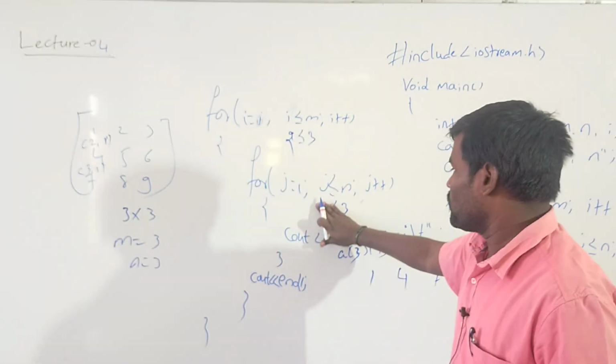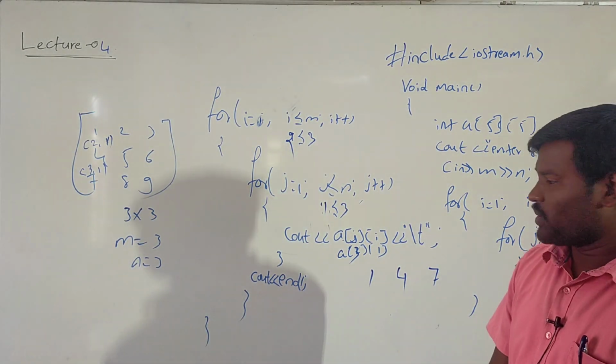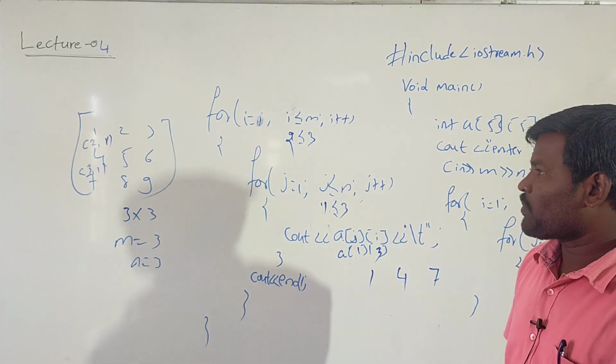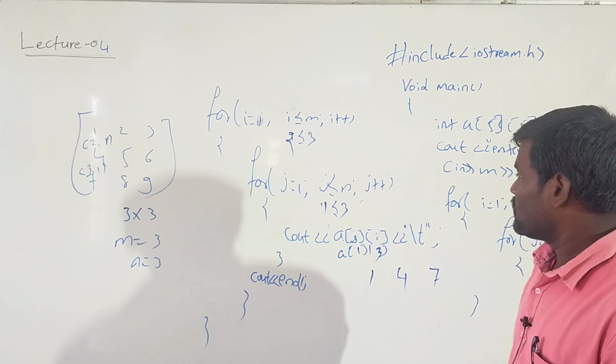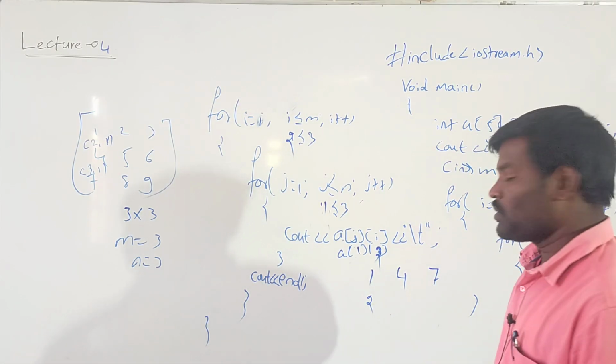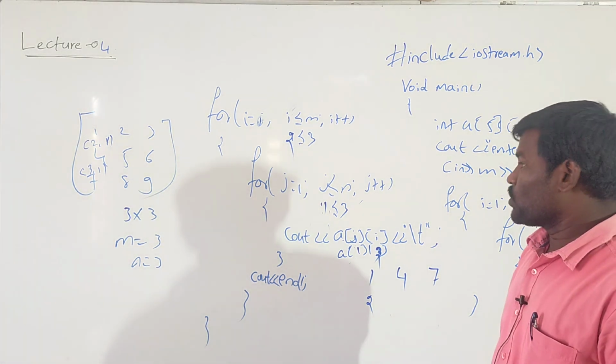Again, j starts with 1, less than or equal to 3, true. A of 1 comma 2, sorry, 1 comma 2 is 2. Next, 2 comma 2, 5.